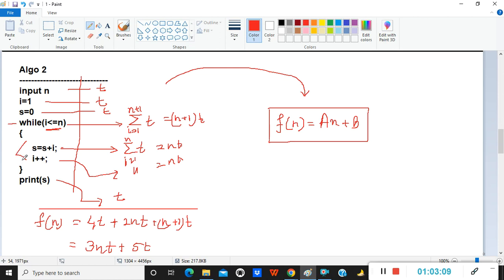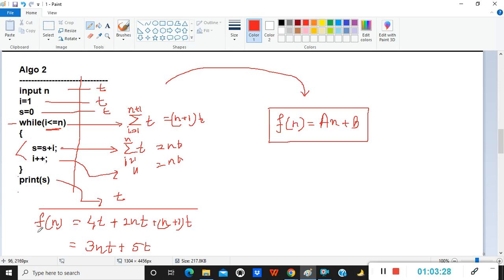You may have a nested loop, but in practice if the inner loop is not running more than once, then you can say it is also an algorithm of this simple loop type. So you may have consecutive loops, where one loop ends here and another loop starts here.